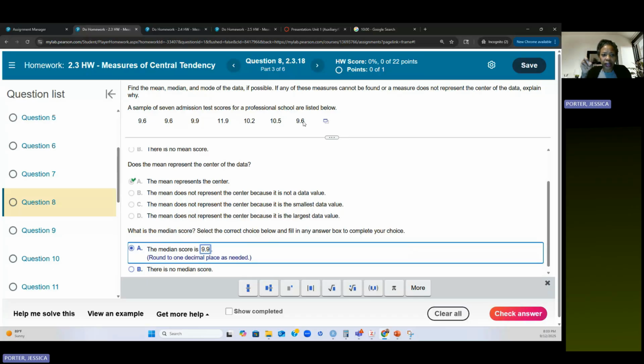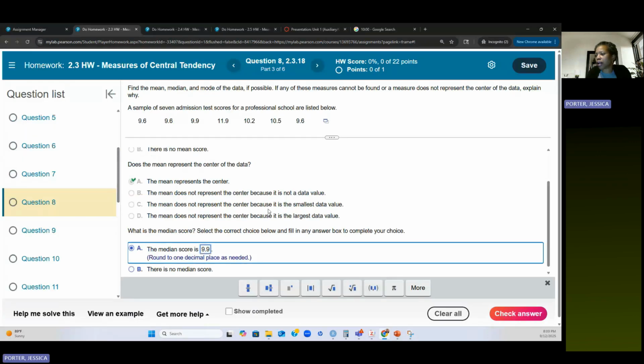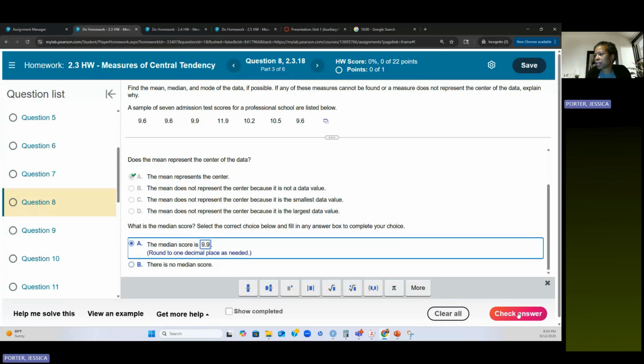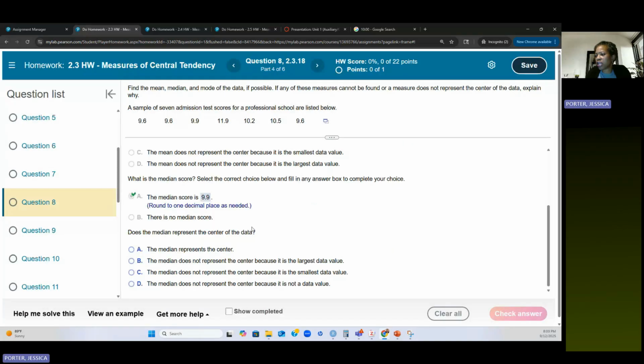So I just counted here, but you don't need to do that because in StatCrunch, where it says row, it gives you how many rows of data you have. All right, 9.9. Does the median represent the center of the data? Yes, it does.